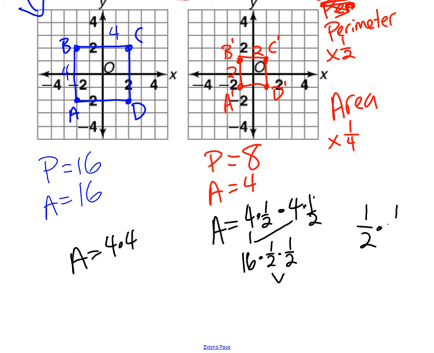Okay, what's 1 times 1? 1. Good. What's 2 times 2? 4. Some people said 1/2, but somehow magically 1/2 times 1/2 does not still equal 1/2. No, it's 1/4, which is what we said was the relationship for the area.